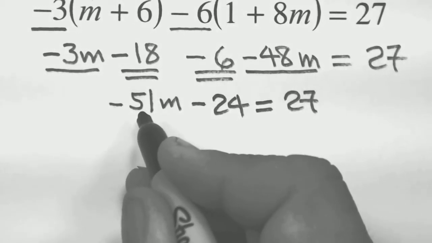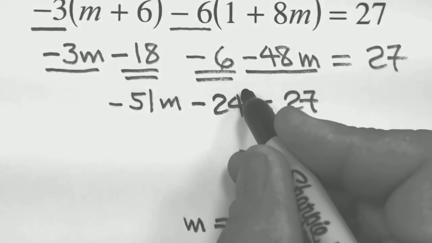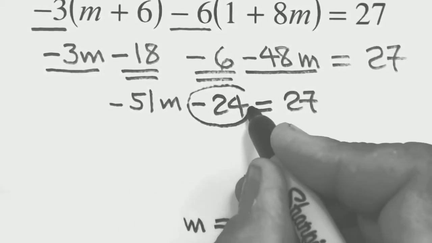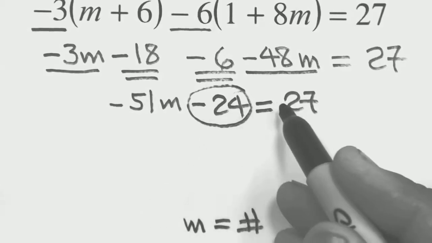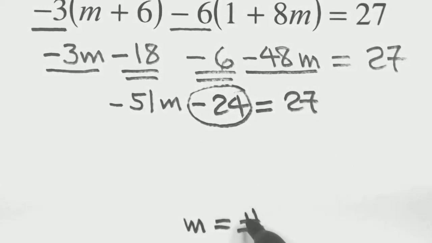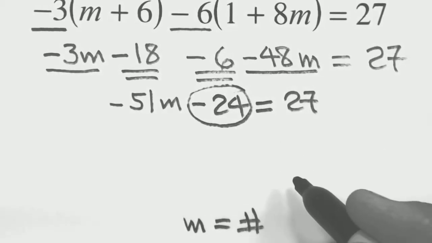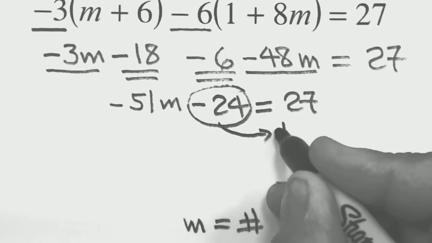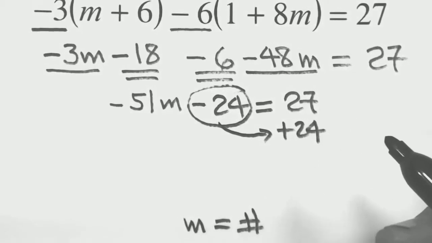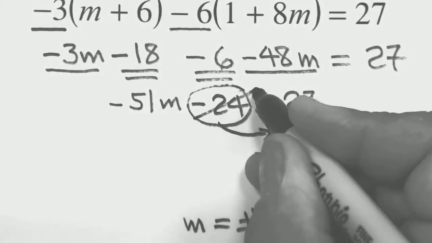M's are okay on the left, so the negative 51m is good, but the minus 24 doesn't have any m's. We've got to move it because we don't want numbers on the left, we only want numbers on the right. The 27 over on the right here is okay, it's a plain number. Okay, well, the negative 24, if we jump it over the other side, the sign changes, it becomes positive 24.